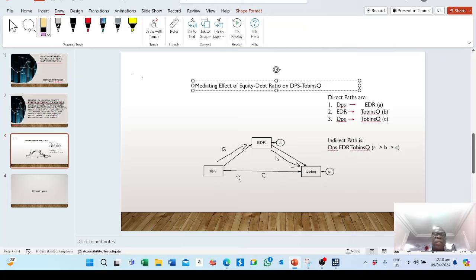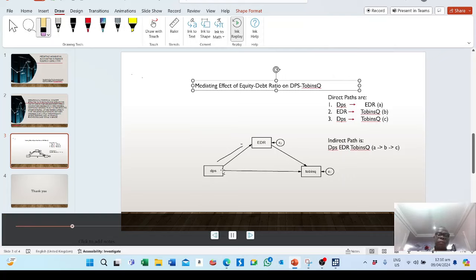But when we are talking about mediation, we'll be looking at the indirect effect of dividend per share on TobinsQ through the path of EDR. That is, dividend per share moves to impact equity debt ratio, and from equity debt ratio, it follows the path to impact TobinsQ.